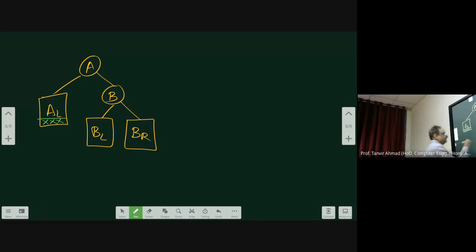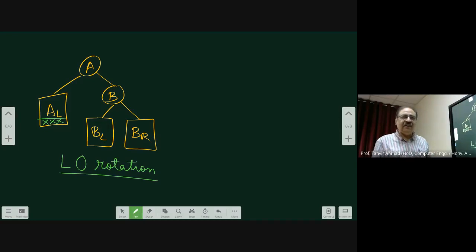This case is L0 rotation. Because you are deleting in the left side, check the balance factor of B, it is 0, therefore L0.